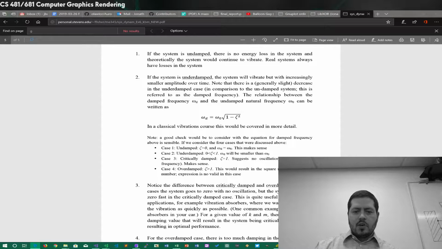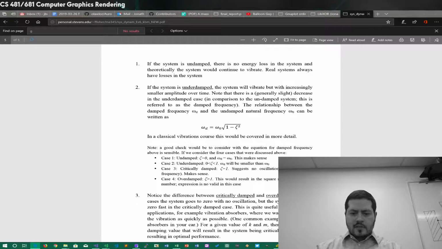And therefore, because omega d is equal to omega naught times the square root of 1 minus zeta squared, this value is always going to be less than 1, and therefore our damped frequency is going to be getting smaller and smaller. All right.